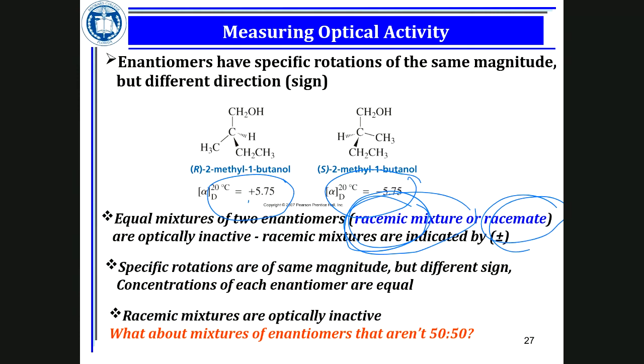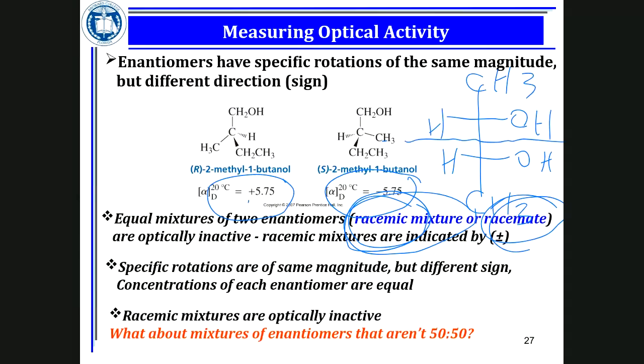You could have a compound with more than one chiral center. You have 2 chiral centers, but it has a plane of symmetry. Let's say you have a compound like this: OH, OH, H, CH3, CH3. If you draw a line here, it cuts the molecule into exactly two mirror-image halves.